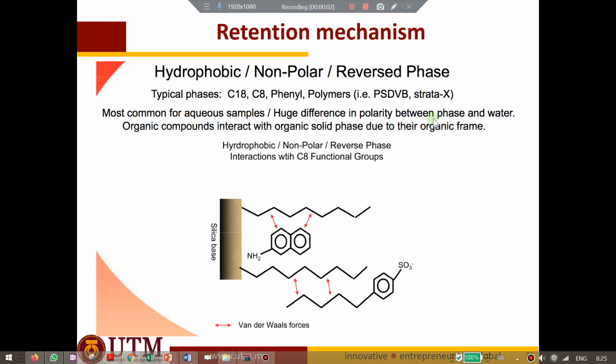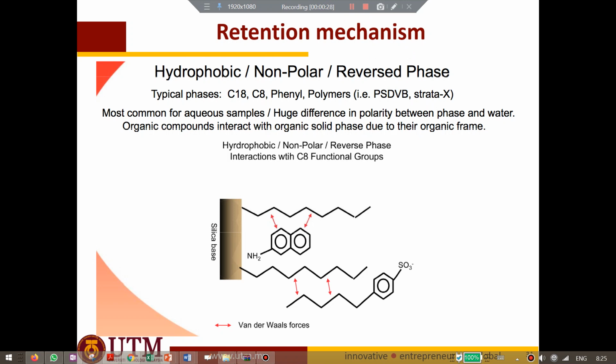Now we will look into the retention mechanism of solid phase extraction with the selectively adsorbed phase of the non-polar one. The non-polar is, of course, hydrophobic, because non-polar is hating water. They will not merge in the water, like oil.